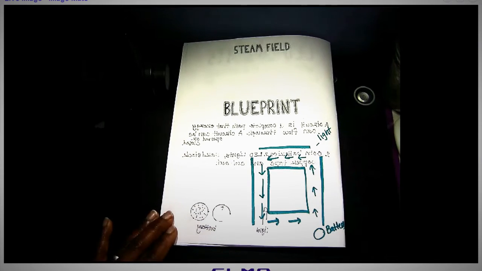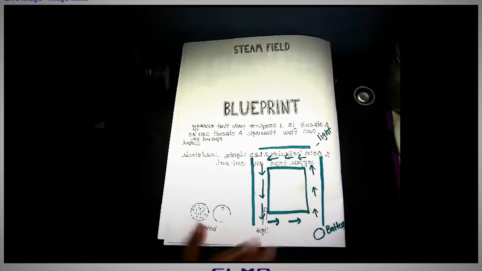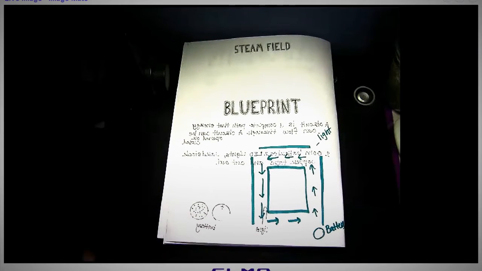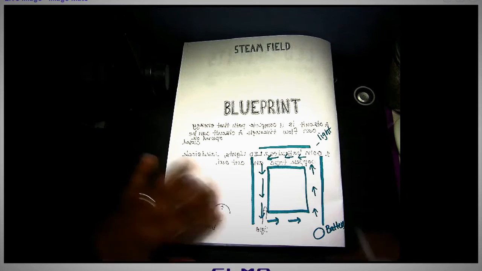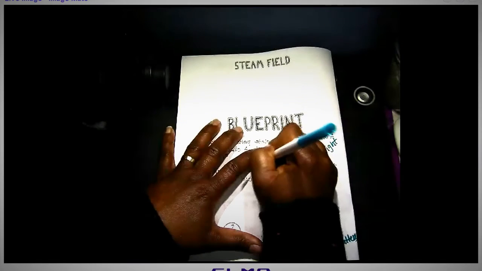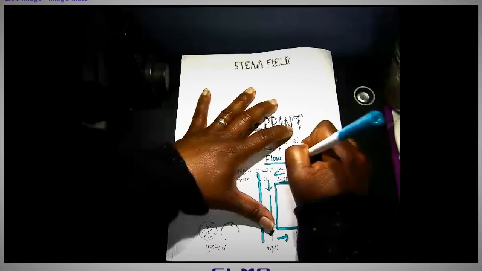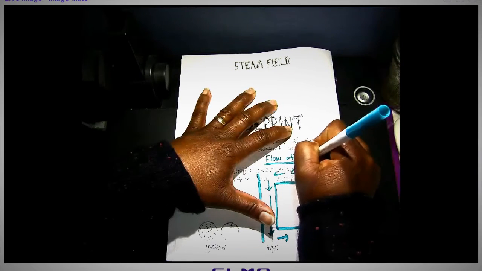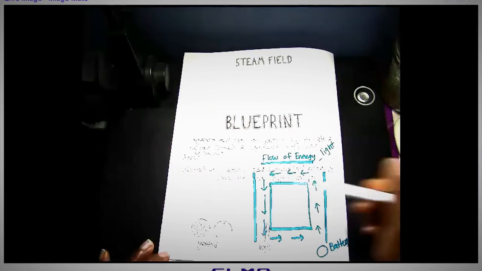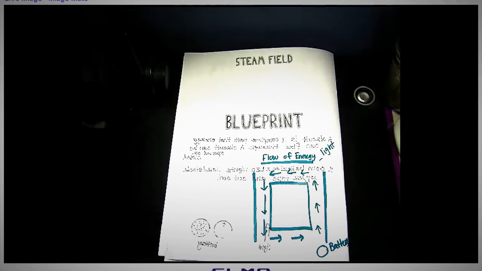This is open. And when I flip my battery over, I will be creating a closed circuit. So go ahead and try to see if you can lay out your materials so you can create a closed circuit using this flow of energy.